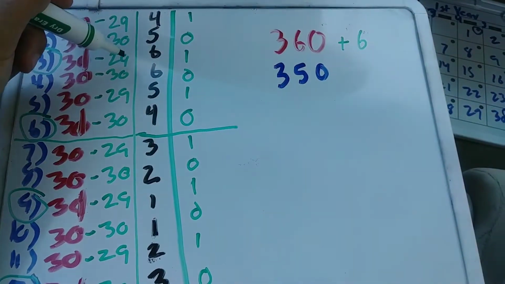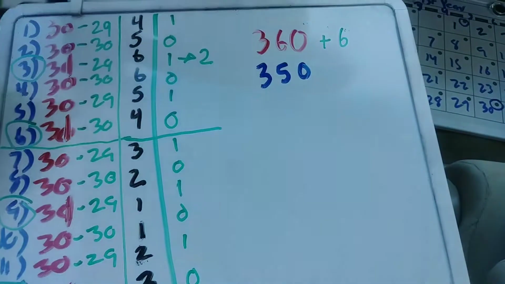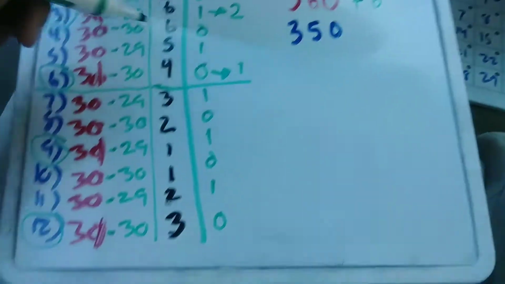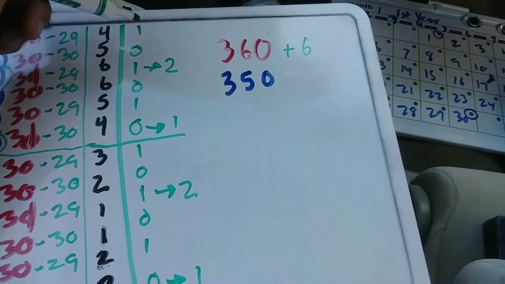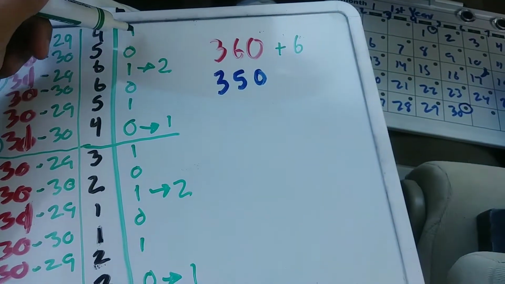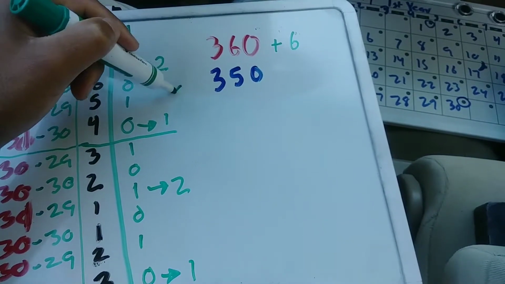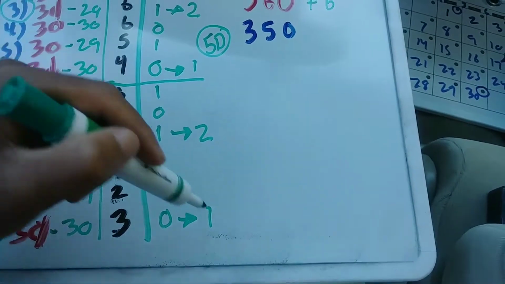So 31 minus 29 instead of 1 becomes 2. 31 minus 30 instead of 0 becomes 1. This becomes 2, and this becomes 1. So now we have 1, 0, 2, 0, 1, 1 for a total of 5 days. And then we have 5.